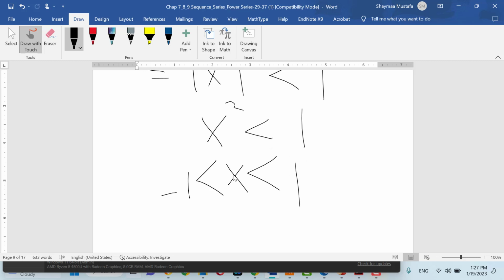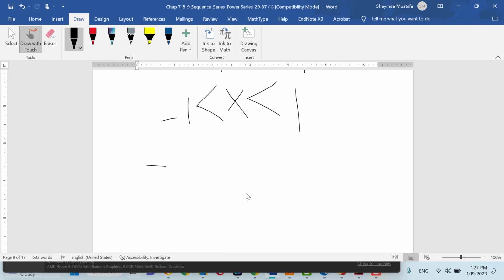When x squared is less than 1, which means that when you take the square root of both sides, the absolute value of x will be less than square root of 1, which is x from minus 1 to 1. So this is your interval from minus 1 to 1.